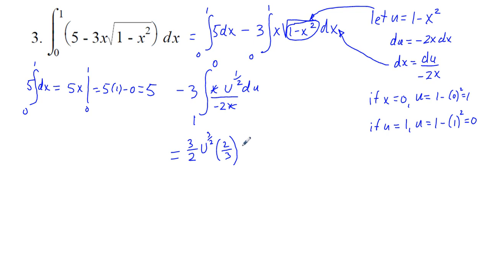So we have from 1 to 0. And 2/3 over 2/3 cancel each other. So we have u to the 3 halves from 1 to 0. And that's going to be equal to 0 to the 3 halves power minus 1 to the 3 halves power, which is going to be equal to negative 1.